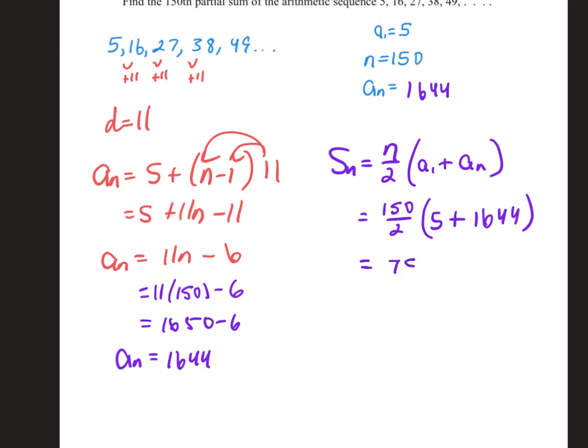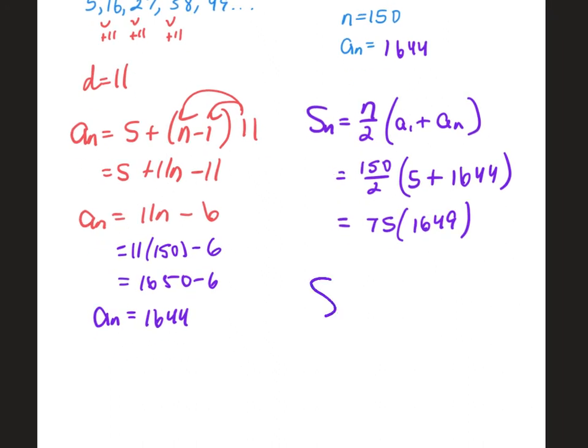What's 5 plus 1644? 1649. So the sum of the first 150 terms is what? Perfect. Good.